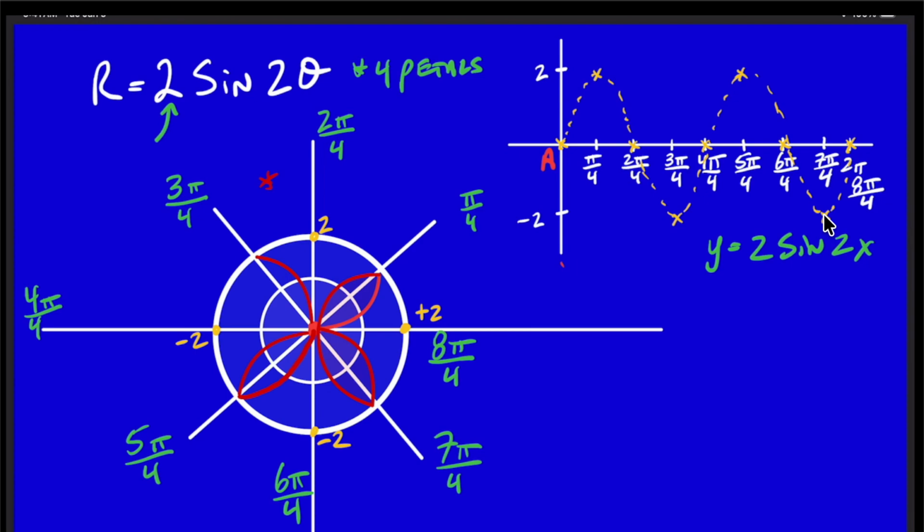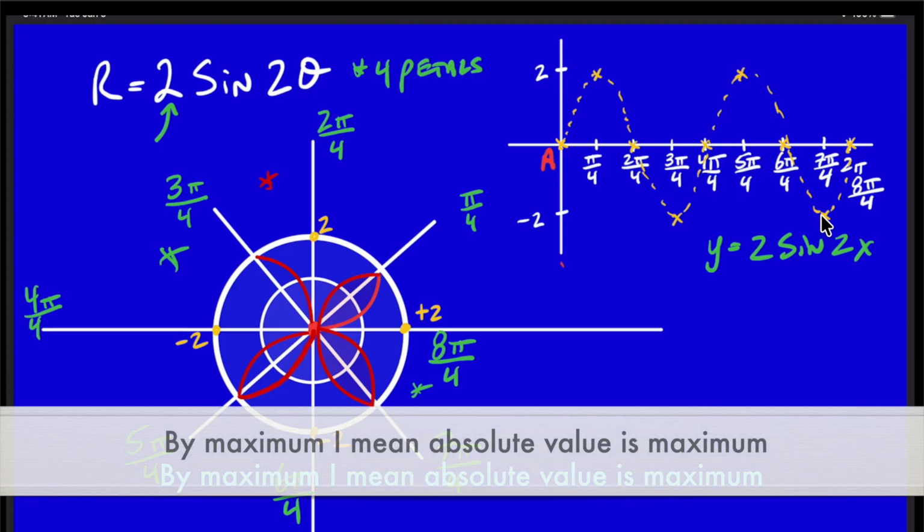And then finally, we should be between 7 pi over 4 and 8 pi over 4. Here on the rectangular graph, we're negative. We should be here in green, but because we're negative, we're going to be in the opposite section. We're going to go right through the pole, and we're going to end up here. Okay, what happens? We go from a maximum of 2 back to 0.